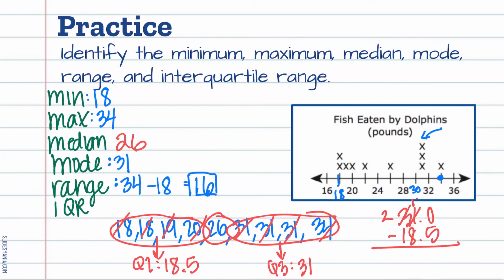Which gives me 11 here. And I'm going to borrow from that now to my tenths place. So I get an interquartile range of 12.5.